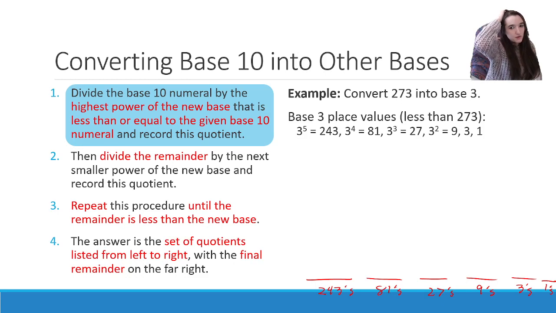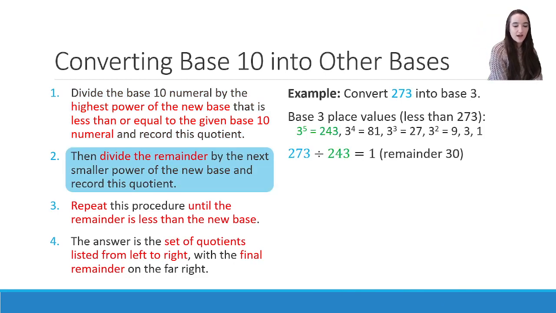So first step, I'm going to take 273 and divide by 243. 273 divided by 243 equals 1 with a remainder of 30. Now remember, how did we find that remainder before? Technically 273 divided by 243 is 1.1234567, it's very interesting, but we don't care about this part.